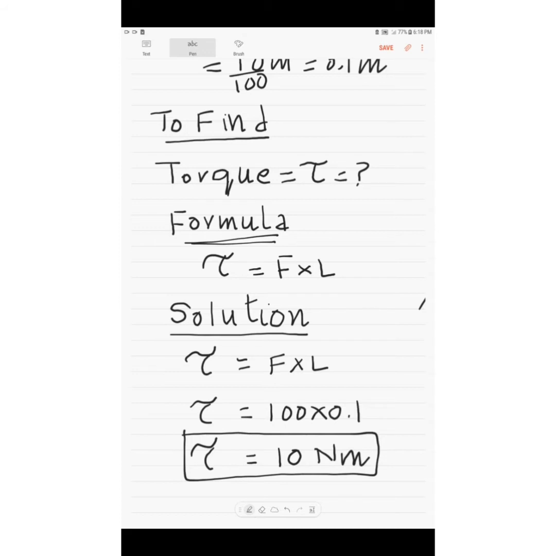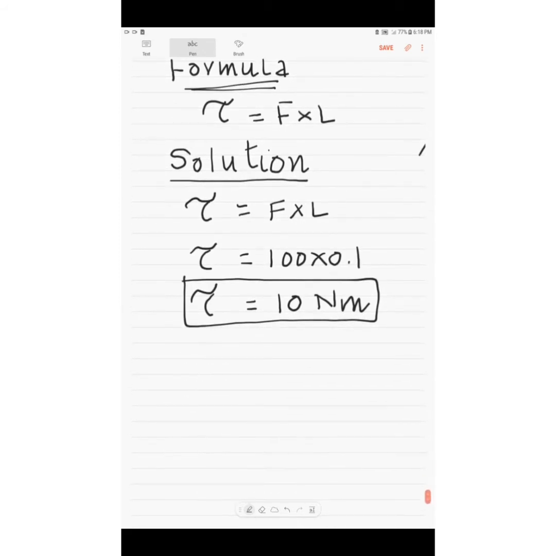Now in the end you will write its result. Write down the heading result. Underline it.